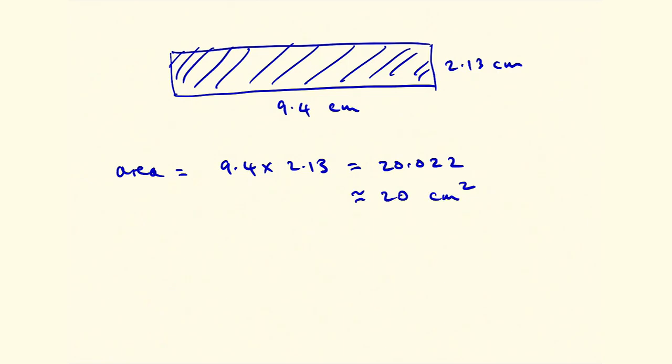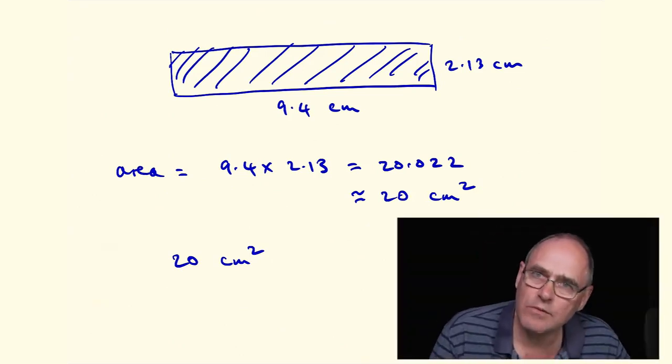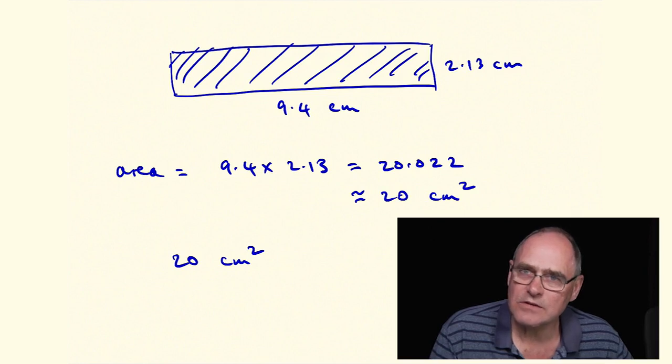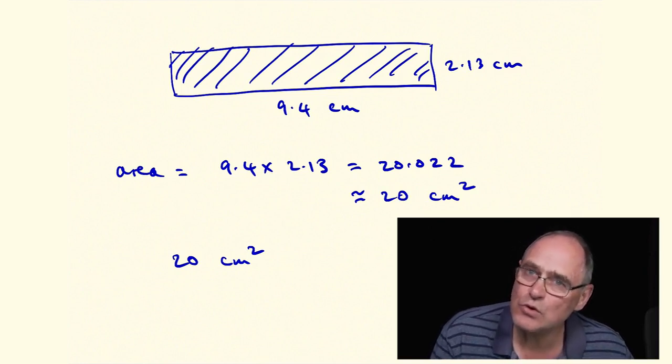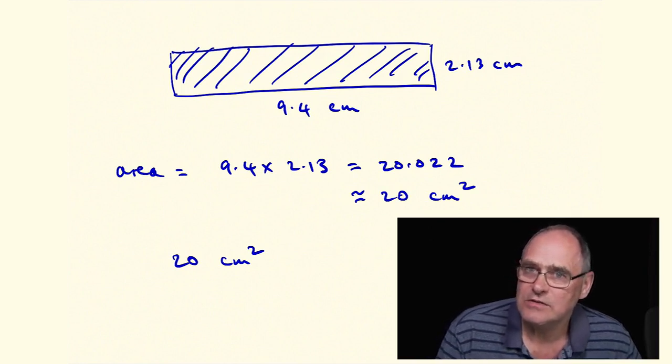Now if I just say 20 square centimetres without reference to the original problem, it's ambiguous. You don't know whether I'm saying this rectangle is 20 centimetres correct to the nearest unit or possibly to the nearest 10 units. Is it 20 to the nearest unit or 20 to the nearest 10 square centimetres?